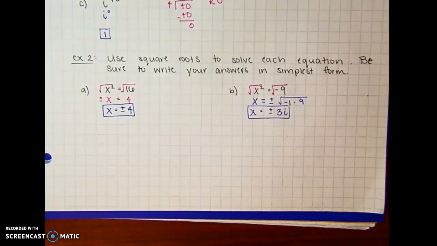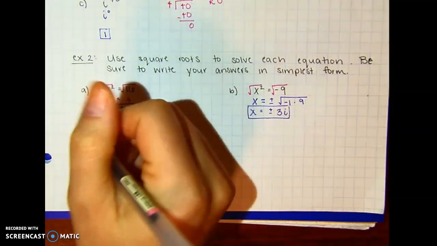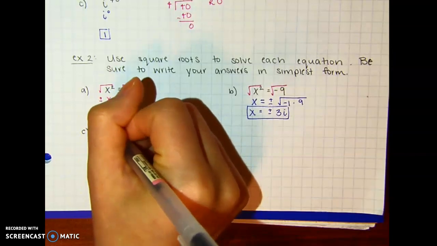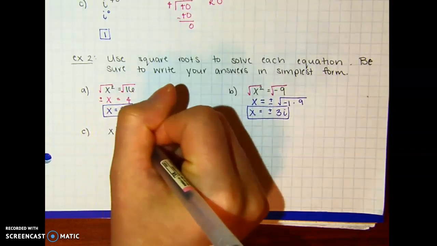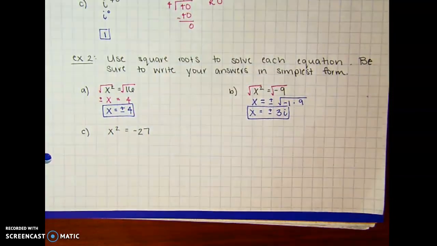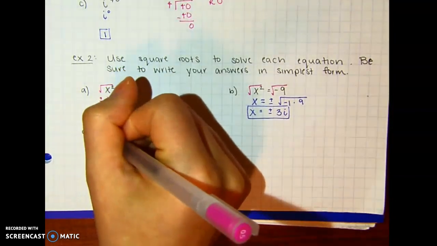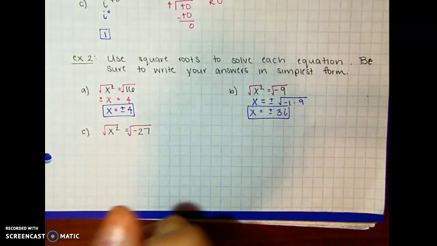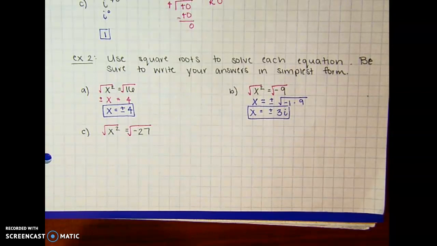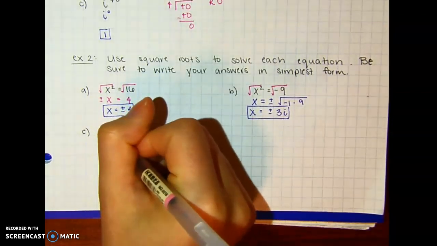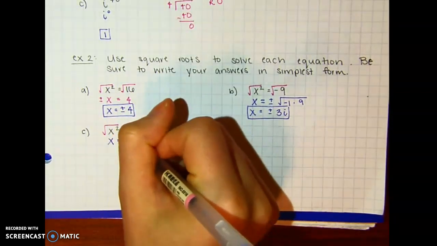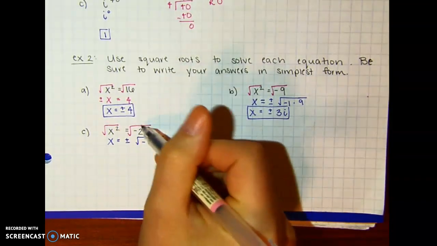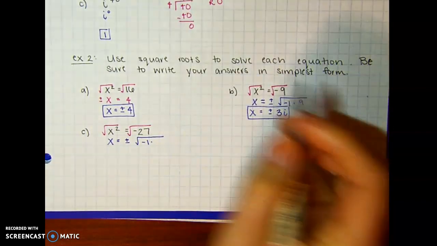Let's do another. Let's do x squared equals negative 27. Again, take the square root of both sides because there's nothing else to do. We'll give you harder problems later, but for now. So x equals plus or minus the square root of negative 1 times, and then you want to simplify this to see, hey, are there any perfect squares?